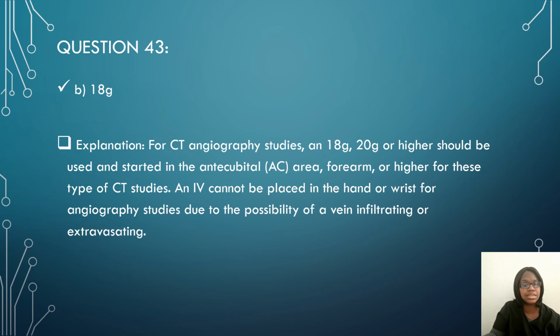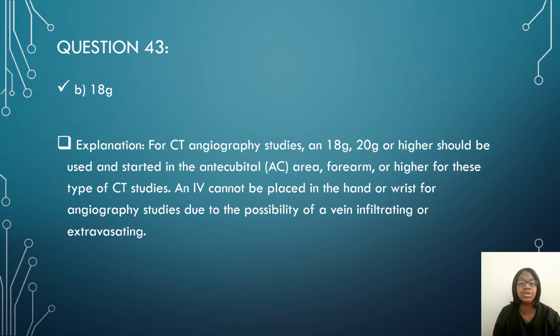Hardly ever see a 16 gauge needle used, although patients may have those put in them all the time. But as far as us being a CT tech, we're only going to use an 18 gauge, a 20 gauge, and a 22 gauge when we're starting IVs. But for your CT angios, use an 18 and a 20 gauge.